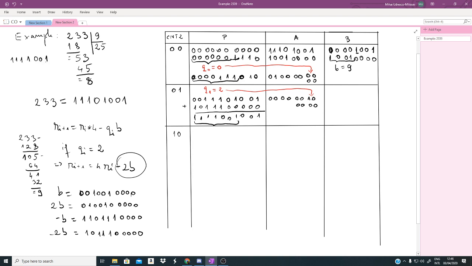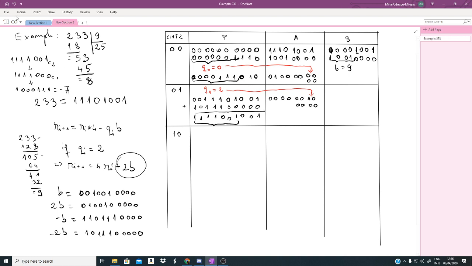Obviously, this is a negative number, so we interpret it as in 2's complement. In 1's complement, that would be 1, 1, 1, 1, 0, 0, 0. So in sign magnitude, this should be 1, 0, 0, 1, 1, 1, which obviously is minus 7.